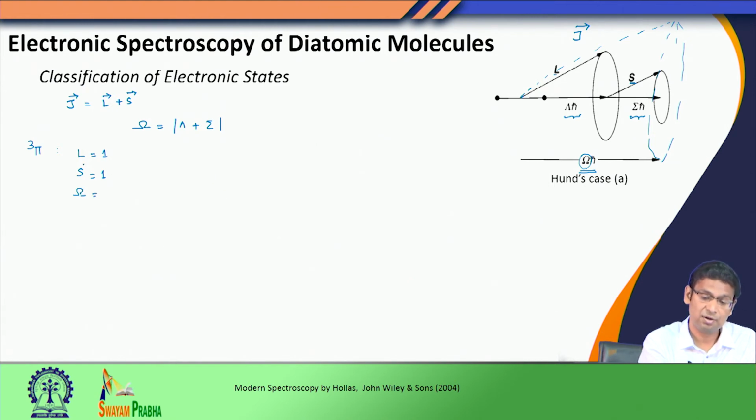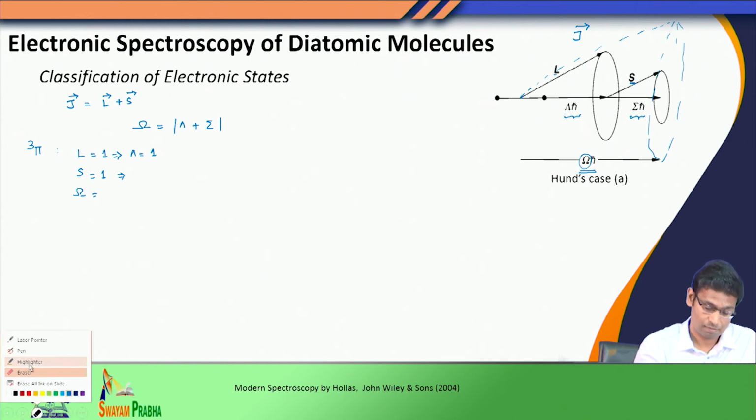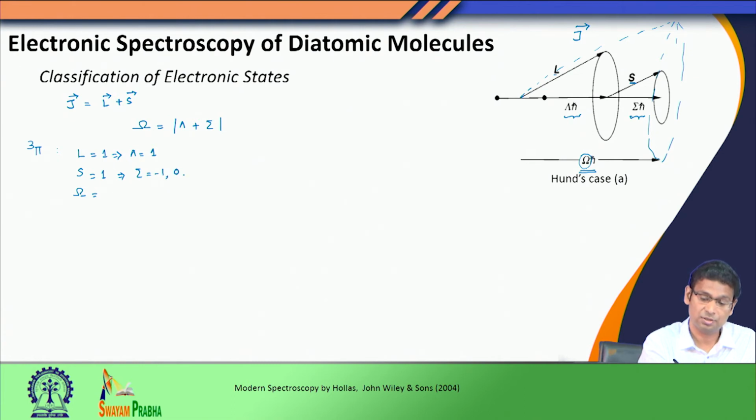To get sigma, we must get lambda, so we have lambda here as 1, and sigma goes from -1, 0, 1, because this is a triplet state.